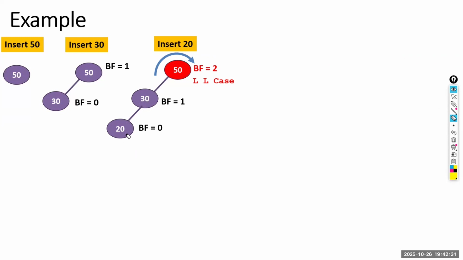This one's balance factor is 1 minus 0, 1, fine. But what about this node? Right hand side height is 0, left hand side height is 2, so 2 minus 0 is 2. That is a violation. And now you can see that it is a left-left situation. Left-left situation means you can fix it with a single rotation.